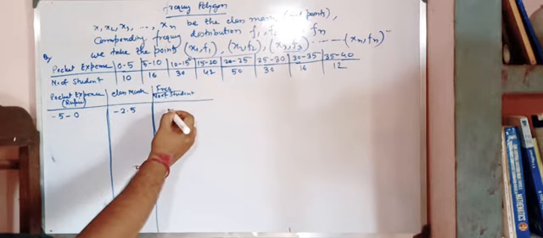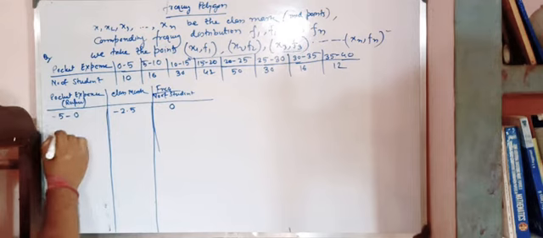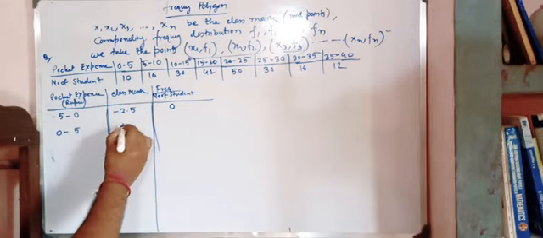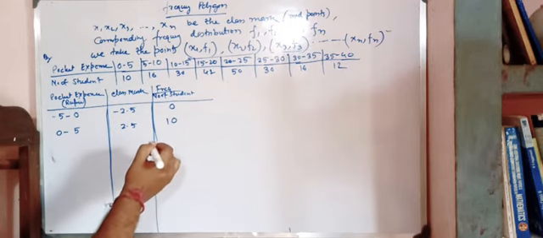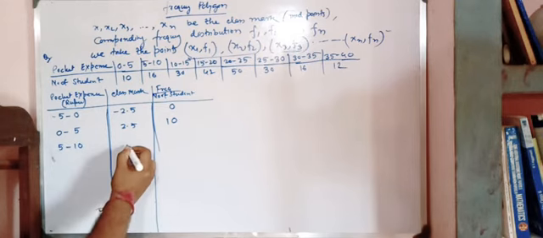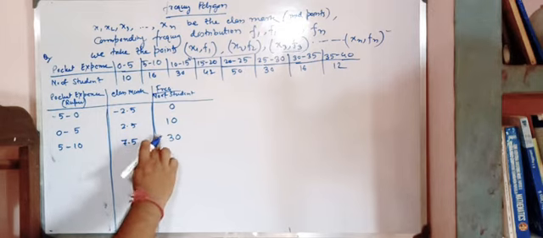Number of students is 0. Next 0 to 5, class mark is 2.5, number of students 10. Next 5 to 10, class mark is 7.5 and the frequency is 30.